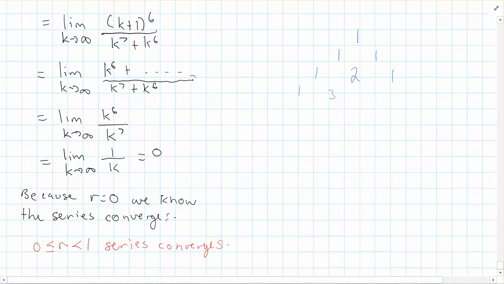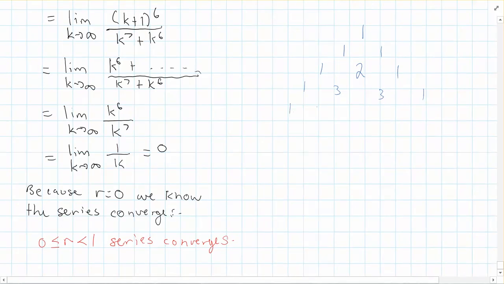Then you have 1, 3, 3, 1, then 1, 4, 6, 4, 1, then 1, 5, 10, 10, 5, 1, then 1, 6, 15, 20, 15, 6, 1. And you could keep going down the pattern.